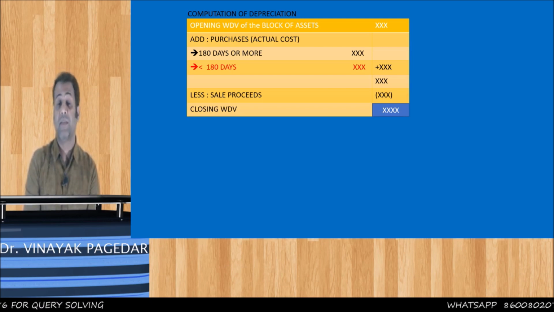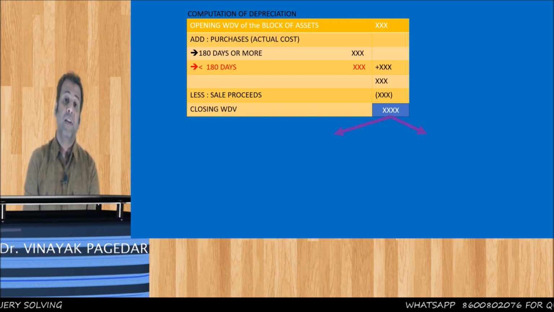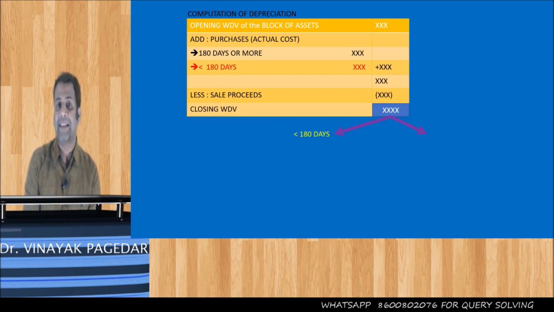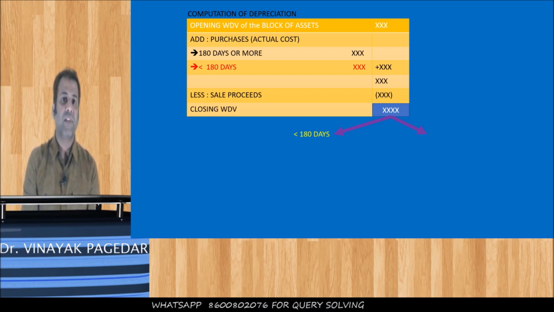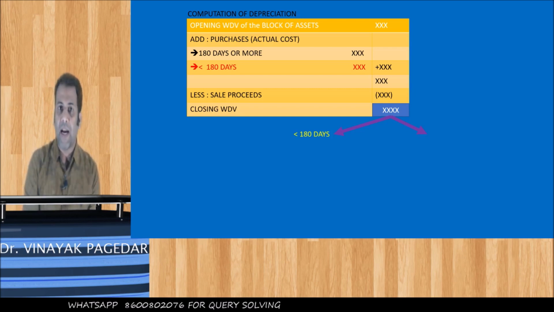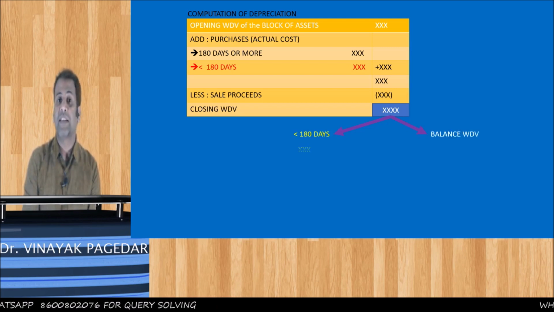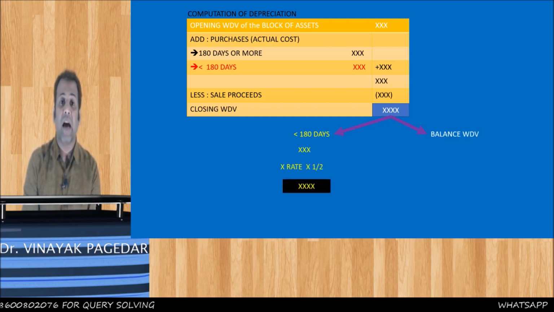And my friends, on this closing WDV, you will calculate the depreciation. How to do it? Step 1. Separate the assets which are put to use for less than 180 days. And I'll tell you a simple trick how to recognize those assets. Any asset acquired and put to use in the year for less than 180 days, on such asset you get only half the normal depreciation.